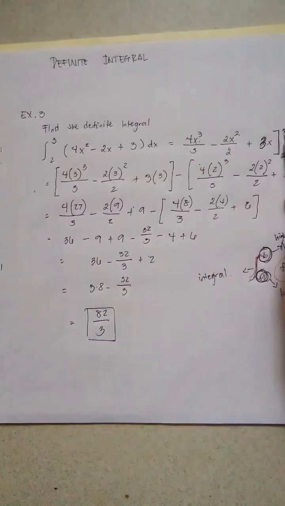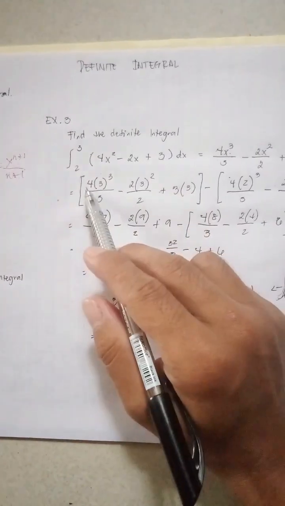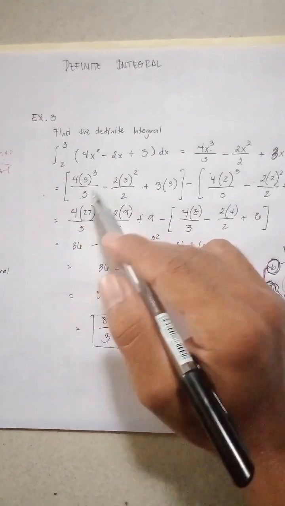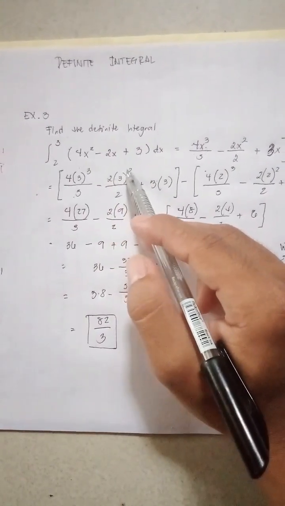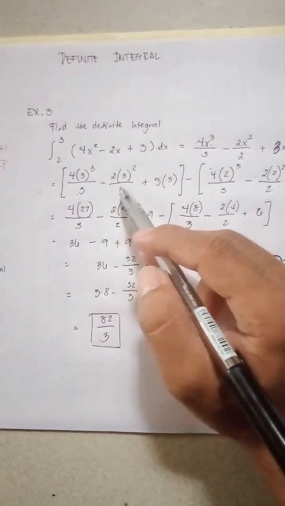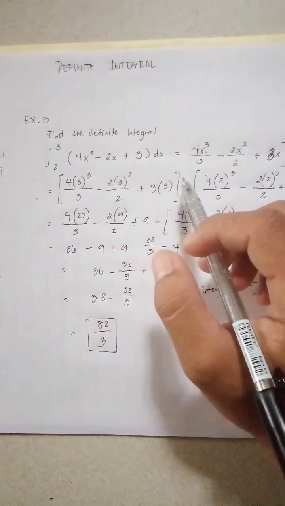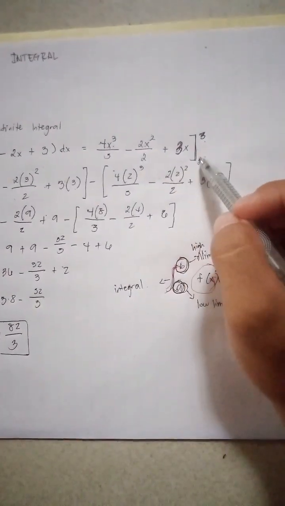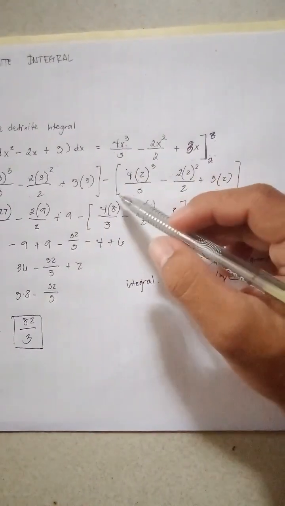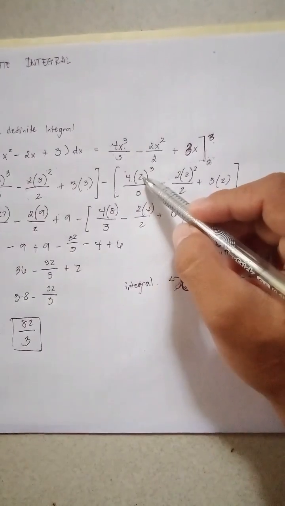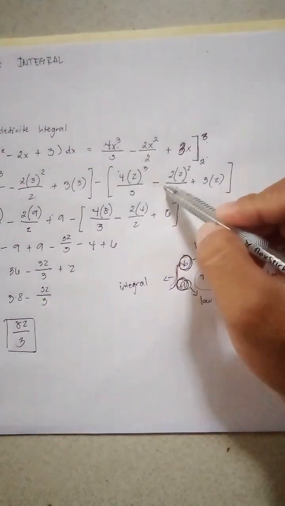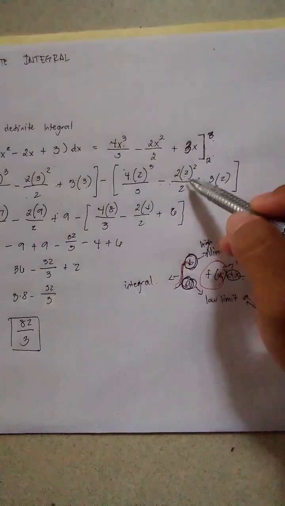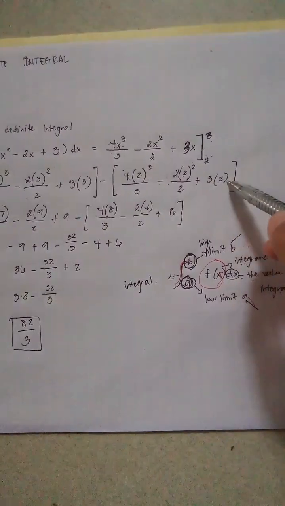We substitute the 3 for x: 4 times 3 raised to 3 divided by 3, minus 2 times 3 squared divided by 2, plus 3 times 3, minus, we substitute this 2 for x: 4 times 2 raised to 3 divided by 3, minus 2 times 2 squared divided by 2, plus 3 times 2.